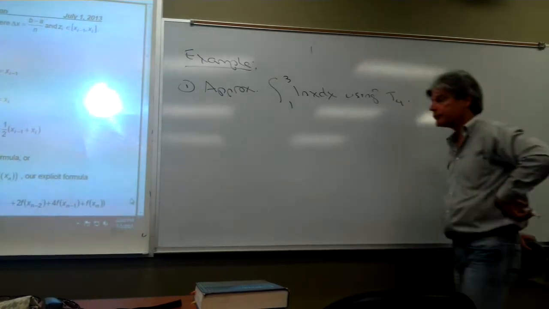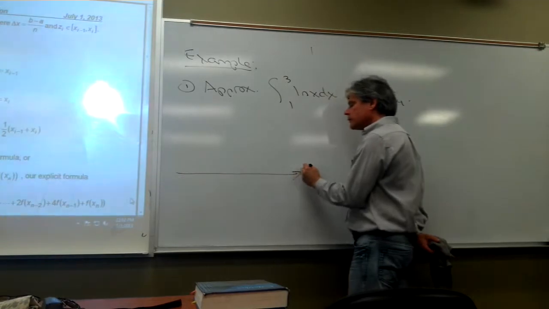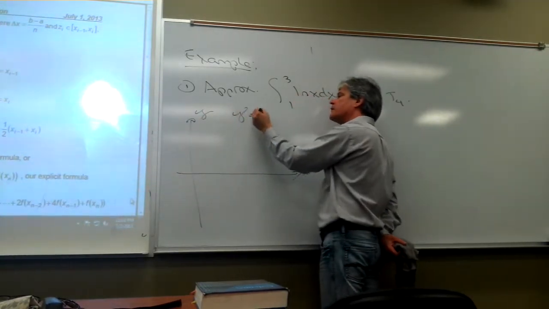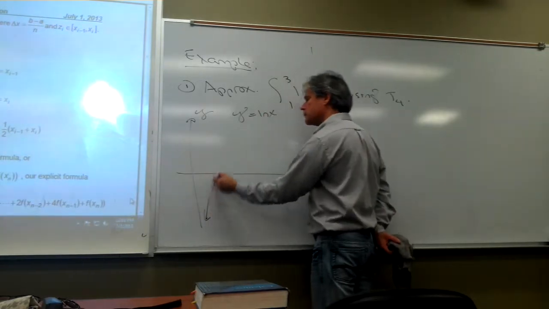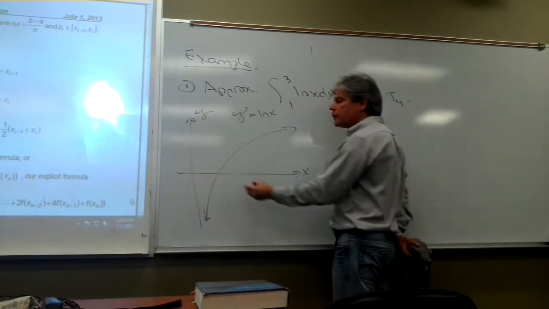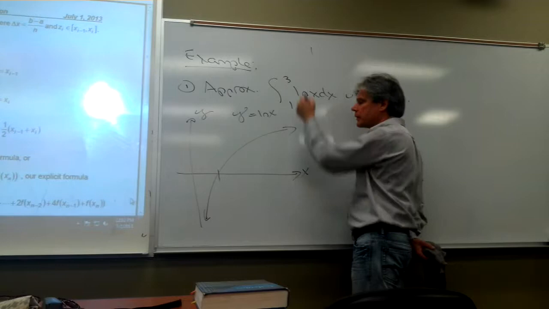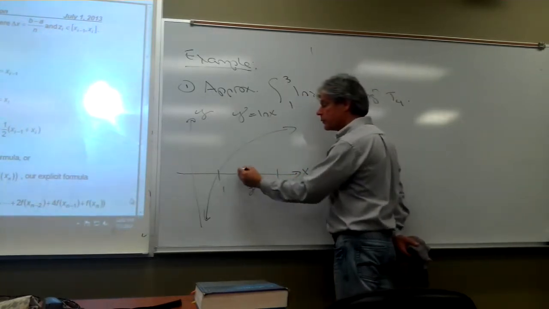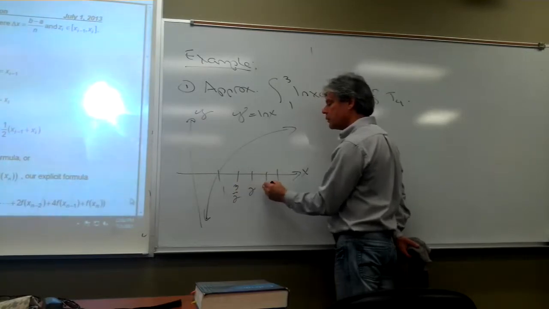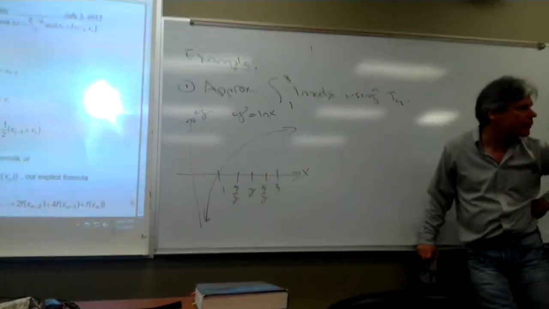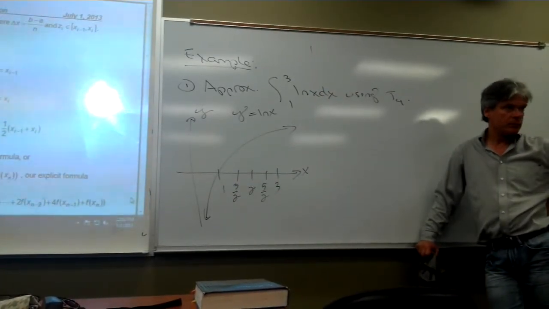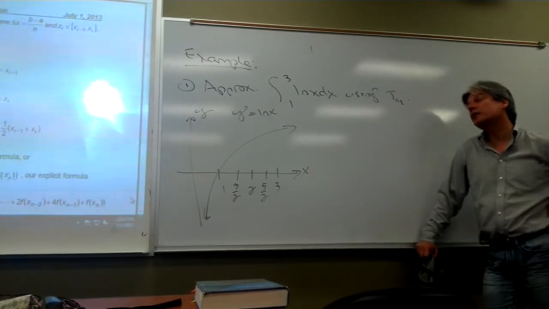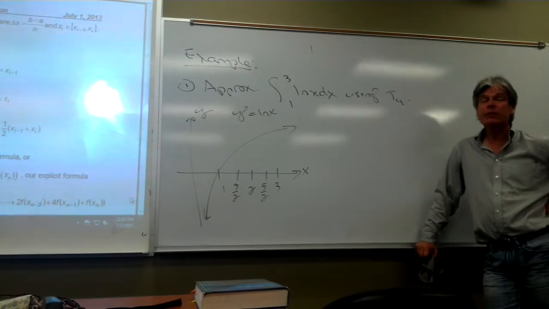Let's give it a shot. Pictorially speaking, x-axis, y-axis. We know what the graph of this piece looks like. Here's the interval from 1 to, I said, 3. I'll subdivide it into 4 subintervals. You guys just double-check my arithmetic's okay. Now, instead of wasting your time by having me try to draw these individual trapezoids, let's just use our explicit formula.